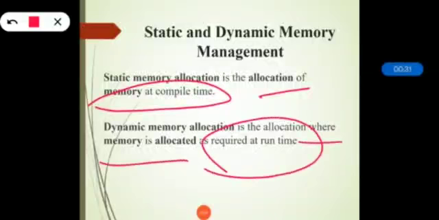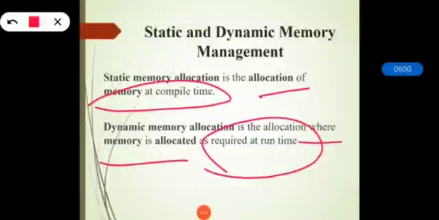Means in static memory we are allocating the memory before program execution, but in dynamic memory allocation we are allocating it whenever there is a necessity. In dynamic memory management, we are using the malloc function for allocation purposes, and in static memory, the memory allocated at compile time is in the form of stack and data segments.